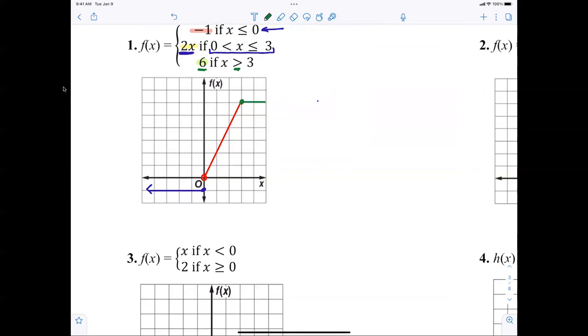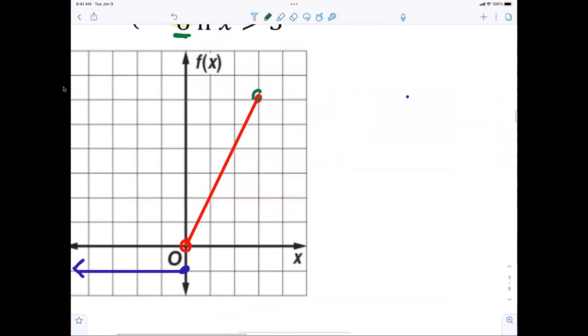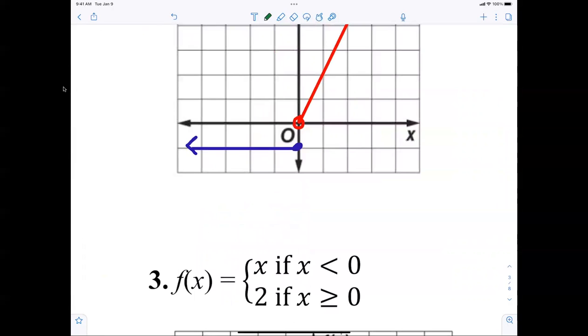Technically, there is an open circle here, but because it's already closed, it's already closed. You with me? Now, notice this down here mattered because it didn't pick up where the other one left off.